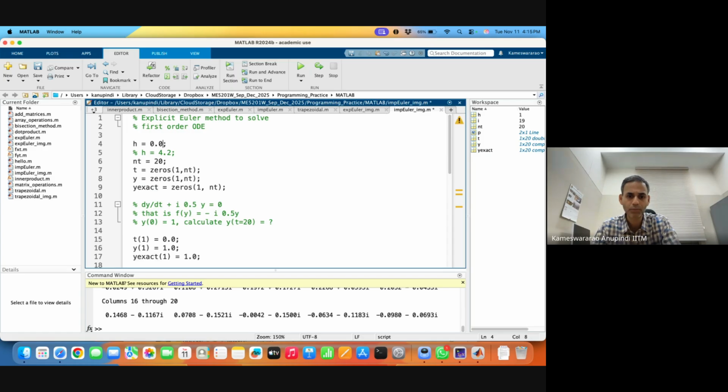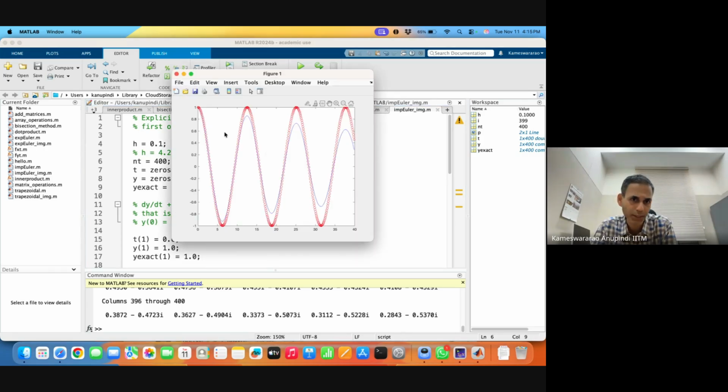Make it 0.1. Did we say implicit Euler is unconditionally stable for purely imaginary lambda? I think we said so, but it is only first order. Now you can see it is decaying because it's only first order accurate, but it is able to produce that oscillatory solution.